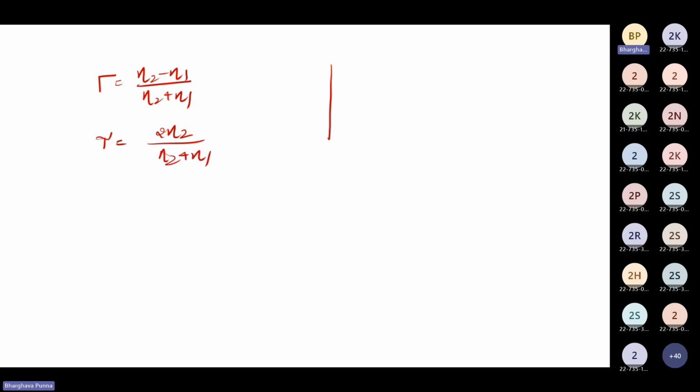So what is the concept here? You are making the electromagnetic wave incident on the boundary. Normally you have eta 1, eta 2, two different impedances. Now you take a dielectric medium here. Both are dielectric mediums only, and the perfect conductor is a special case. That means some loss will be there, but the electromagnetic wave is propagating.